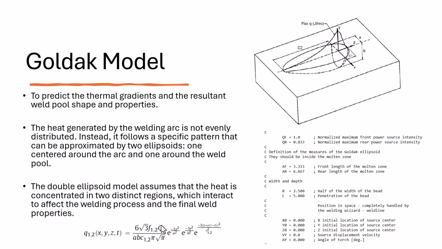So this Q consists of 2Q, which is QF and QR, and we have A, B, C, and D here, which are the width of the bead and penetration of the weld, and everything else is here. So this model is also referred to as a double ellipsoid model to simulate the weld pool properties.